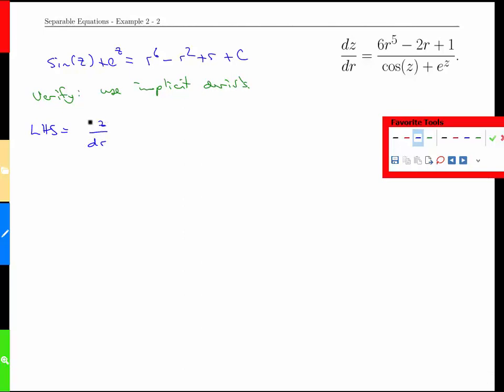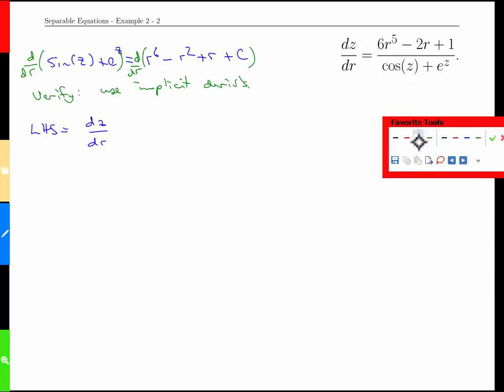and that is going to require some implicit derivatives over here. We're going to take the derivative with respect to r of the left and the derivative with respect to r of the right, and bring that down here. We're going to get sine of z. Oh, no, when we take a derivative implicitly, we'll get a cos of z.